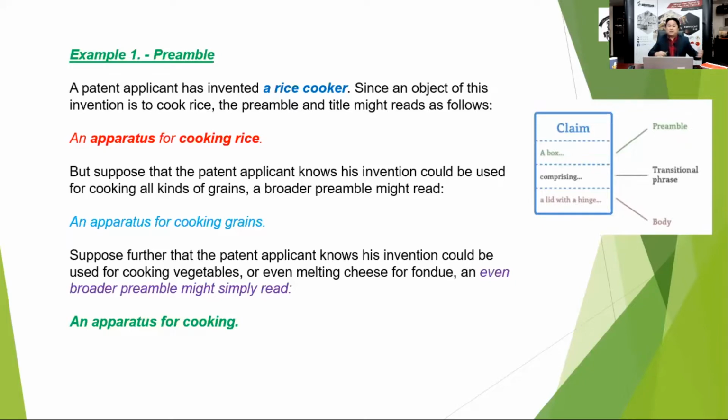I can do grains, I can do vegetables, I can do anything. If I just put an apparatus for cooking rice, then it's very narrow, limited only to rice. So the preamble is very important. A few words like these can make a difference for your patent application and for your patent infringement claim next time.